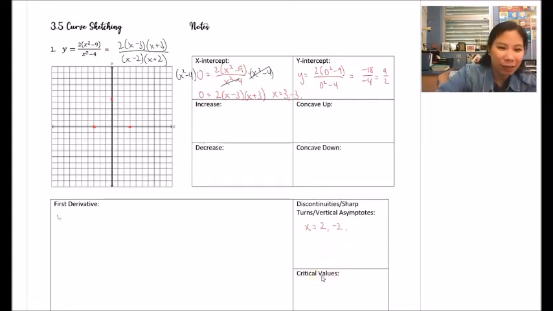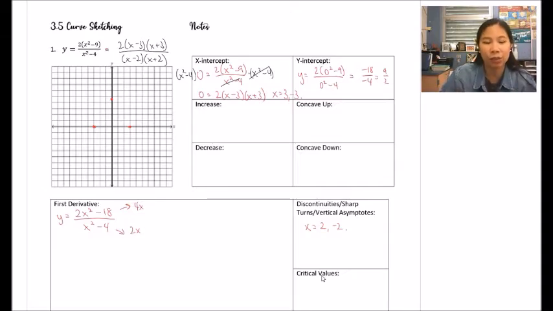We do have something being divided here, so we're going to need the quotient rule. Actually, I'm going to distribute out that 2 to make it easier to find derivatives. On top, the derivative of the top part is going to be 4x, and on the bottom, the derivative is going to be 2x. So now let's do quotient rule: low d high minus high d low all over low low.